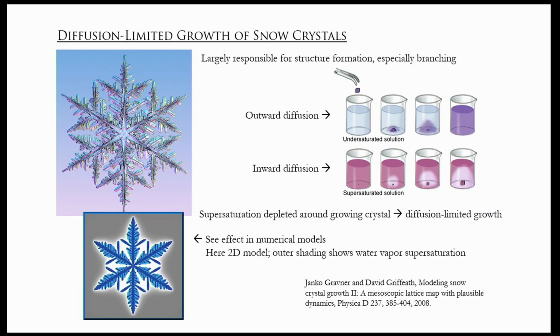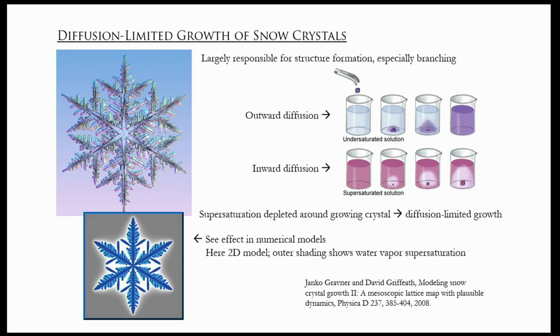So now let me talk about diffusion and diffusion limited growth, because that's a big player. That's mostly responsible for the structure, the complex structures, especially branching dendritic structures. And we're all familiar with diffusion outward. This is diffusion inward.